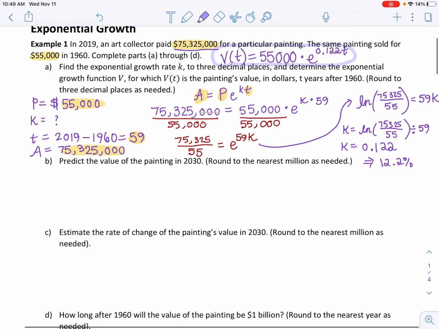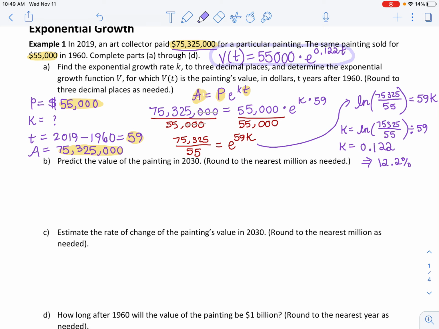Now we're probably going to use this on parts B, C, and D. All right, let's take a look. Predict the value of the painting in 2030. Now for 2030, guys, t is 2030 minus 1960 because 1960 is our base year. So 2030 minus 1960 is 70.